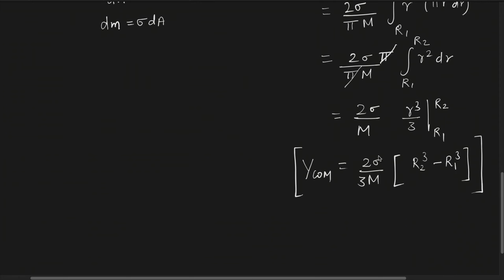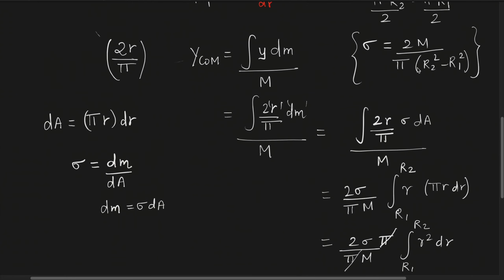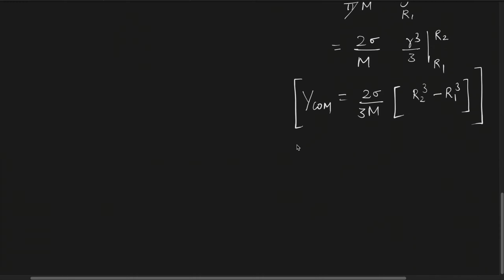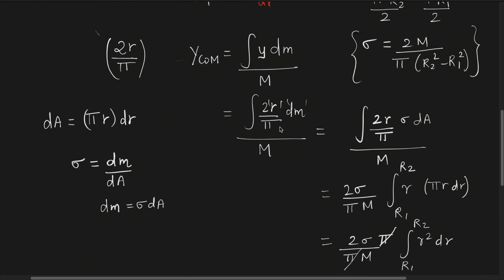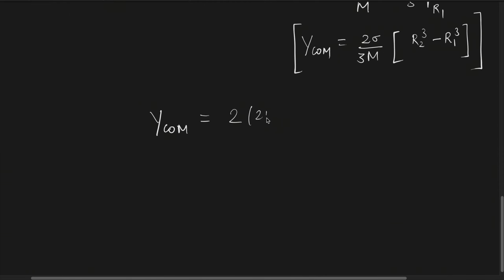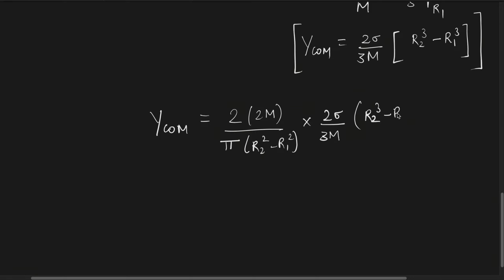But what is sigma? We know that sigma is 2M upon pi times r2 square minus r1 square. So I will write it over here. YCOM is equal to sigma, which is 2M by pi times r2 square minus r1 square, into 2 sigma by 3M into r2 cube minus r1 cube.